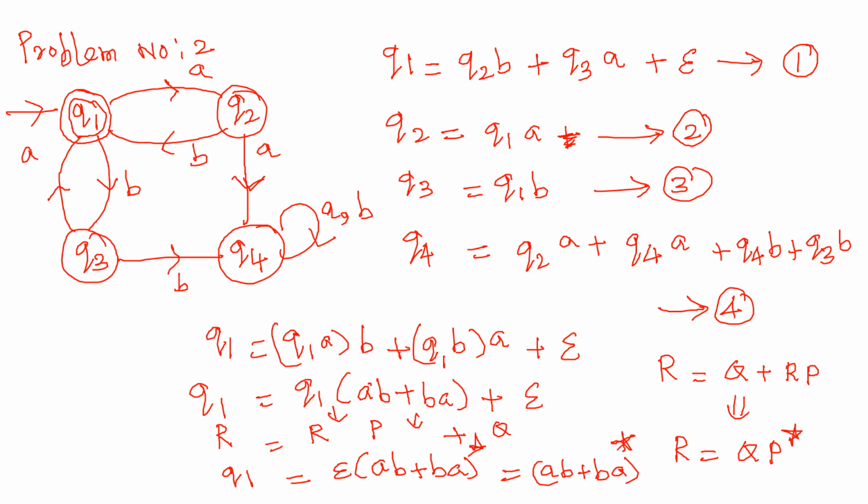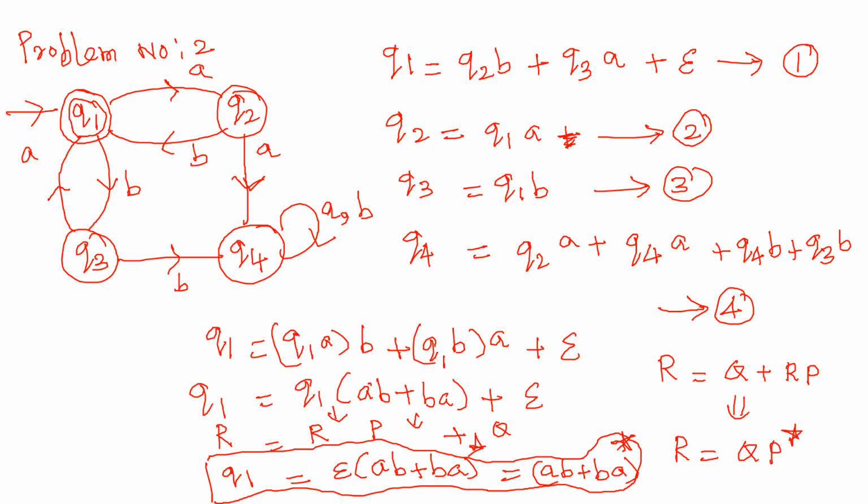So this is your final regular expression for Q1. Because Q1 is a final state, you check in the figure or automaton itself. We are having the path A, B. This is one path.